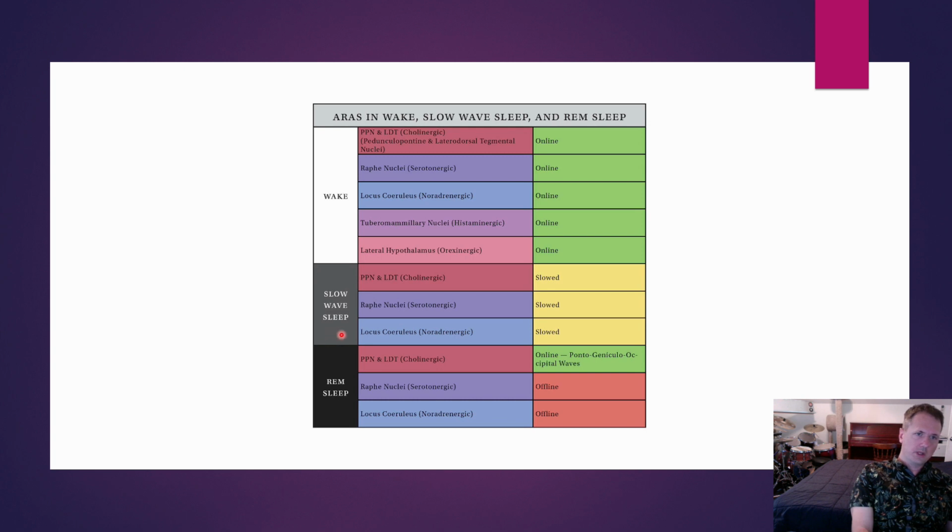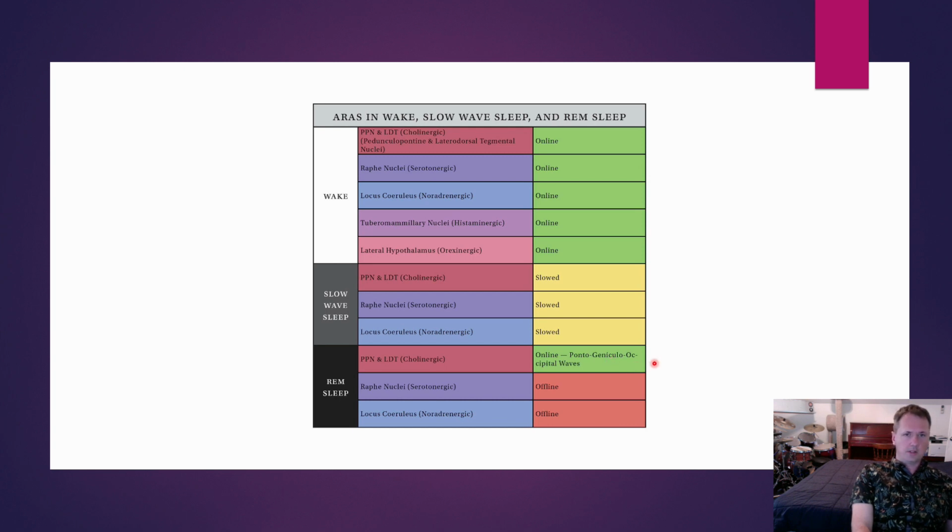When you fall asleep in slow wave sleep, they slow down quite a bit. And when you enter REM sleep, most of them go completely offline, but you get this one, the acetylcholine nuclei, in other words, the pedunculopontine nucleus and lateral dorsal tegmental nucleus in the brainstem, which are still sending neurotransmitters to the lateral geniculate nucleus, and from there onto the visual cortex.